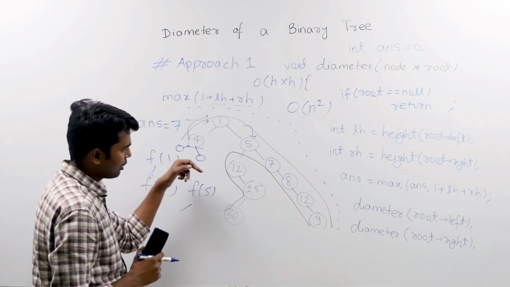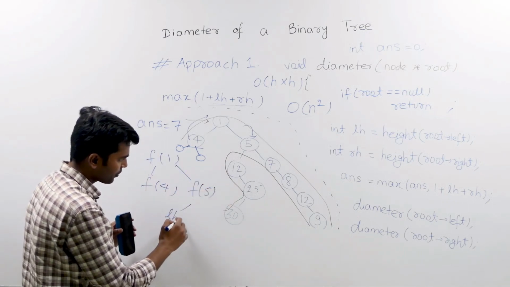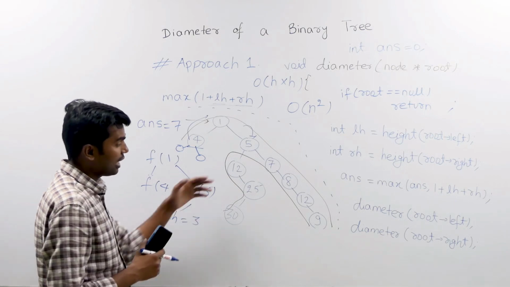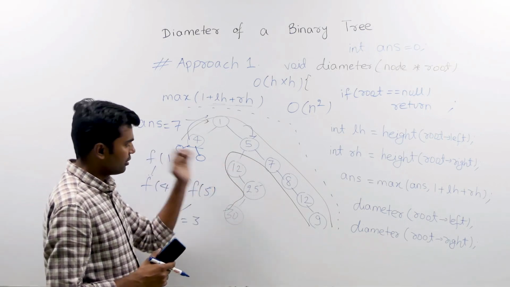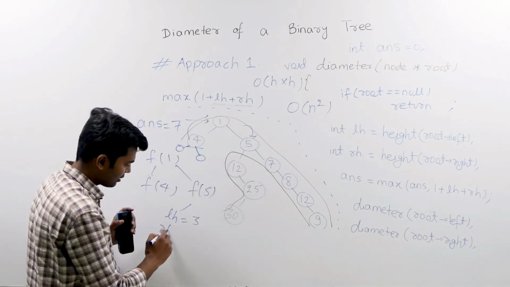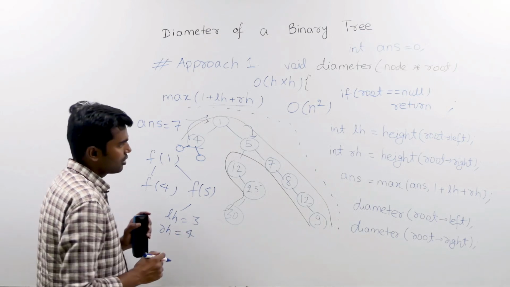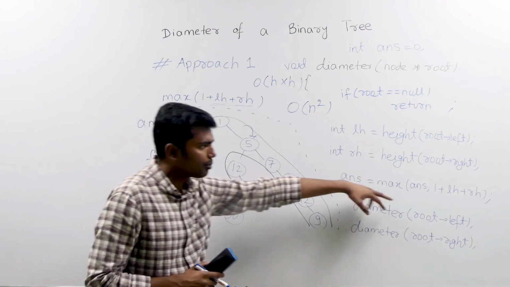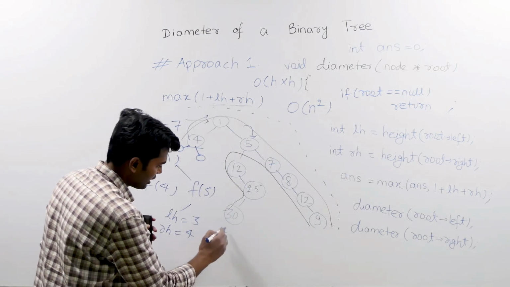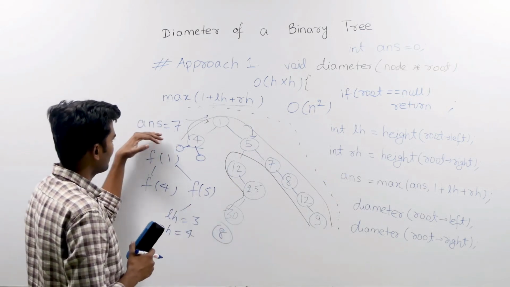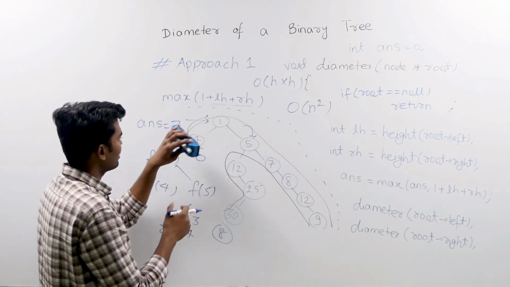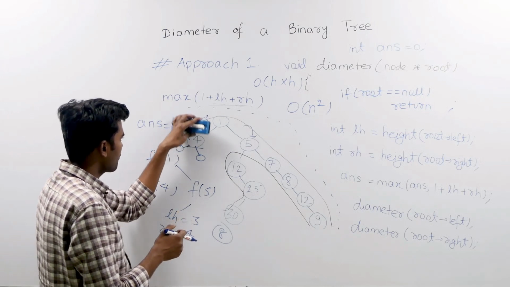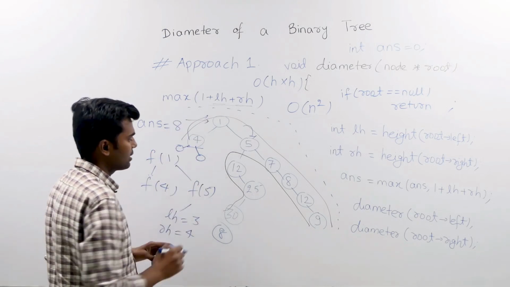So we'll be at 5. When we are at 5, the value of left height would be 3, because the height of this subtree is 3, and the height of the right subtree is 4. So the value of this expression would be 8, which is greater than the current value of answer. So now our answer would be updated to 8.